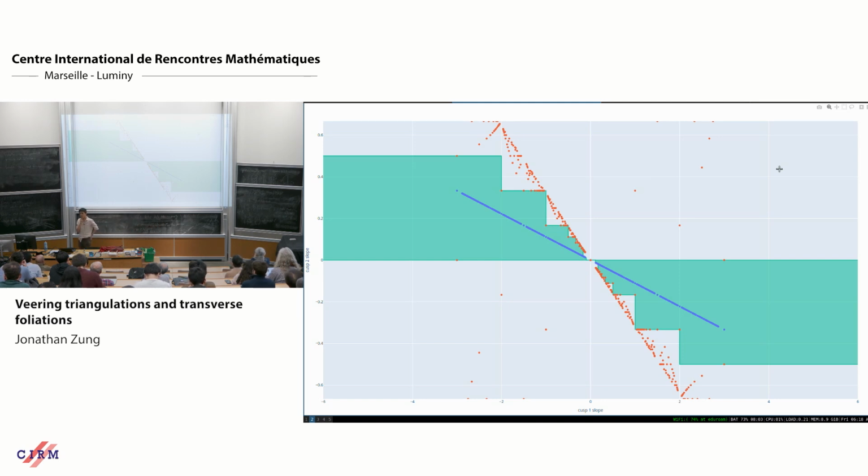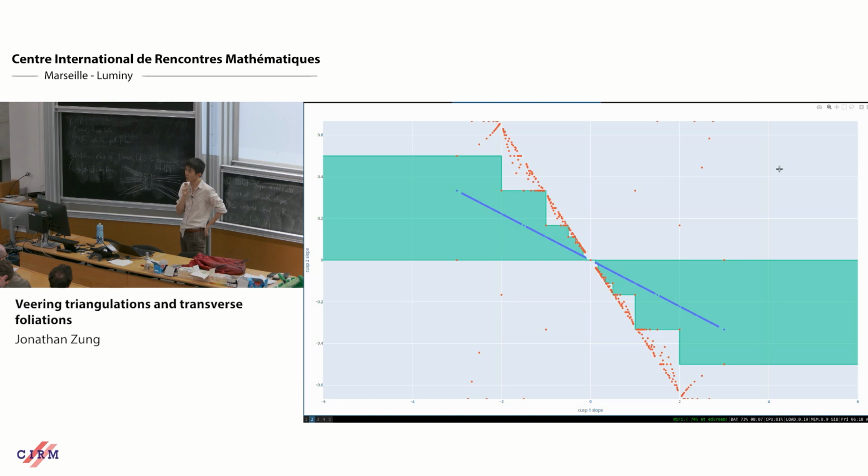But in fact, there's another pseudo-Anosov flow on the complement of P(-2,5,5). And if you construct this set Z for this other pseudo-Anosov flow, Z is the entire real line in that case.